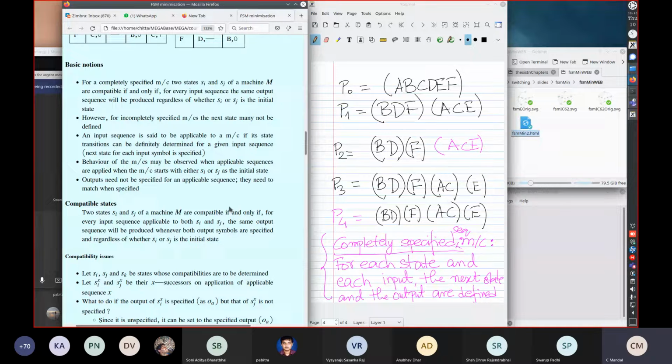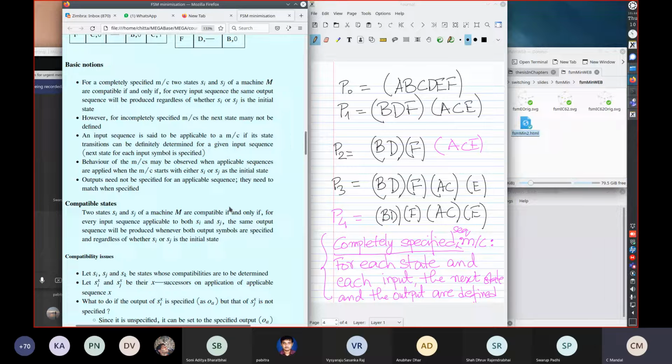Now, for incompletely specified machines, we'll consider the notion of compatibility. We don't normally need the notion of compatibility for completely specified machines, but that notion is also applicable to completely specified machines.